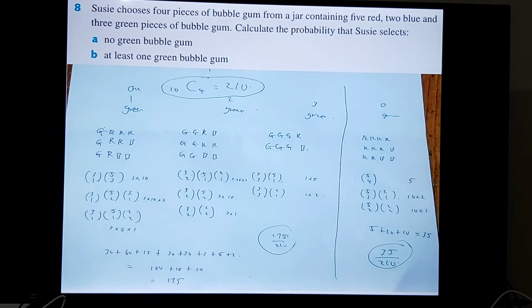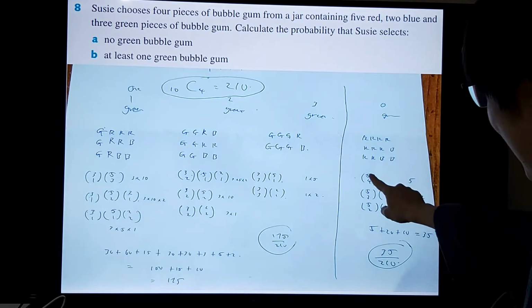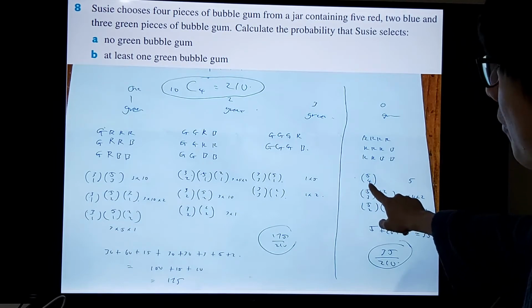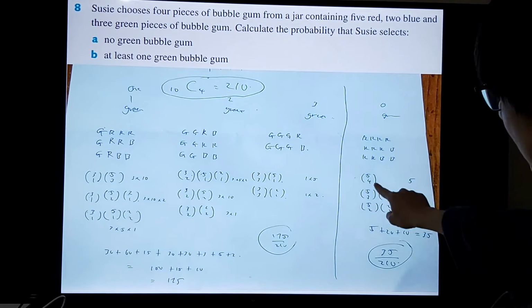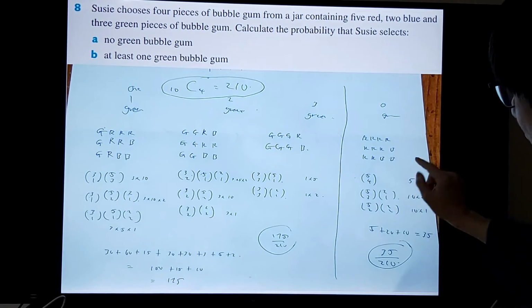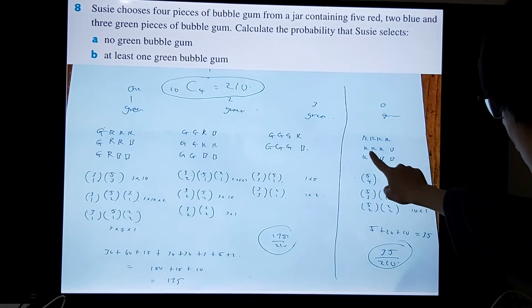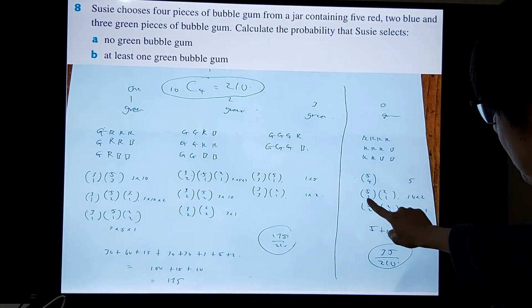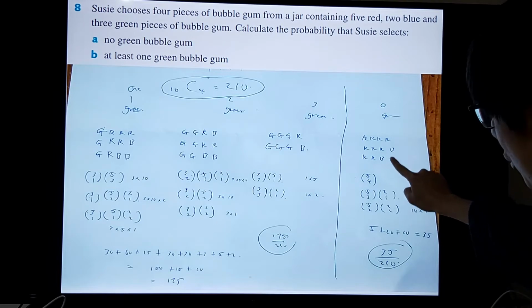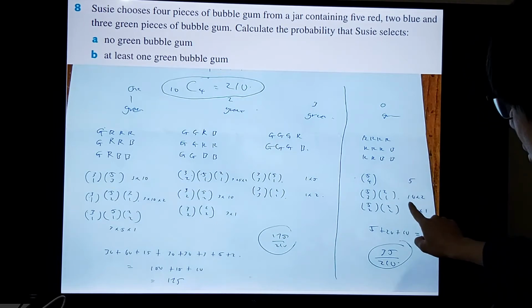And if that's so, the number of selections for all 4 red is 5C4. From 5 red you choose 4 red, 5C4, which is 5. Then this one will be 5C3, 5 red you choose 3 red, and 2 blue you choose 1 blue. So it's 10 times 2.